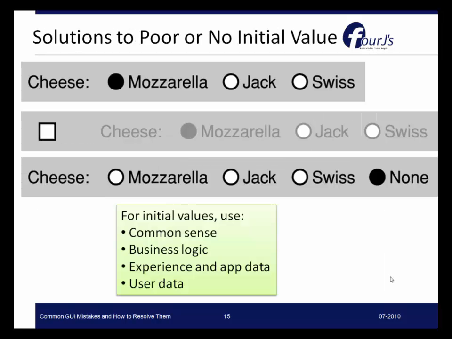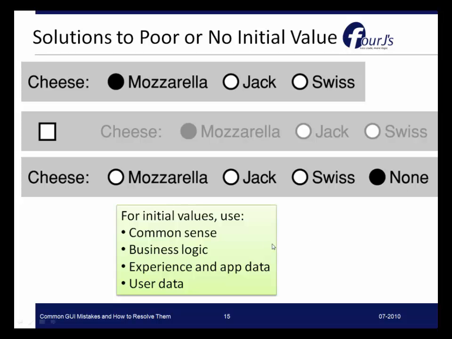So some good solutions, for example, with radio buttons, is to go ahead and use a default or an initial value. The second one here is using a checkbox to enable it entirely, so it's grayed out until the user wants to select it. And the last one here includes a fourth option of none, and that is selected as the default.